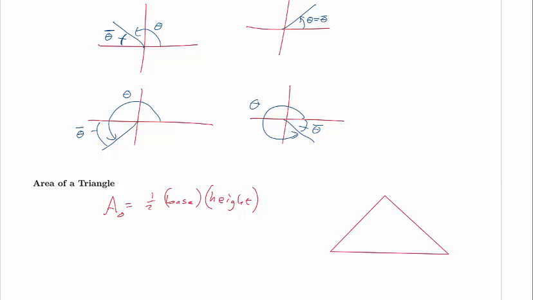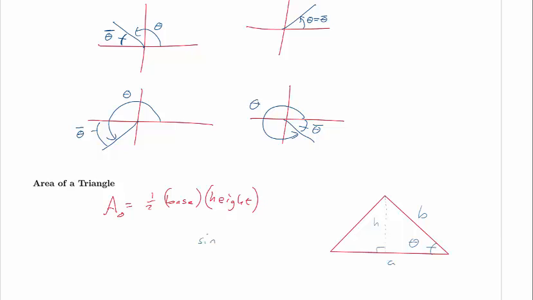So say we have this triangle here, and we've got A and B here. We'll note that the height in this case would be that dashed line there. Here's our angle theta. So we need to figure out what the height is, what our h is.